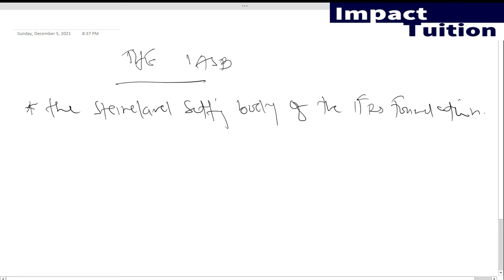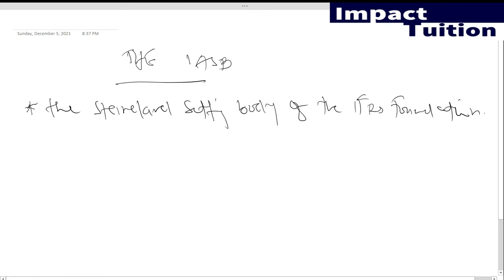The IASB is solely responsible for developing international accounting standards, and they also have the full responsibility for all IASB technical matters, including the issue of IFRS and revised IASs.